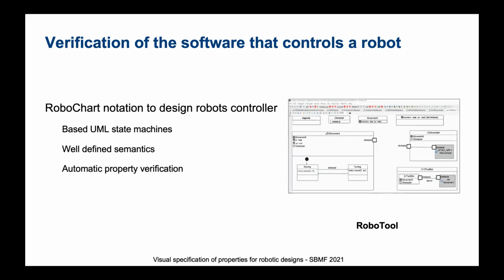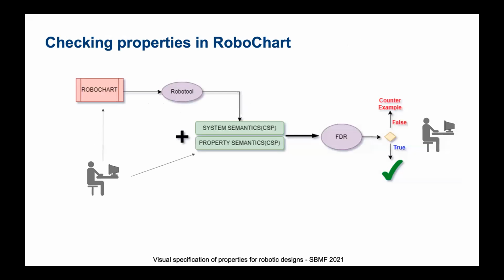So it's visual, and also it has a well-defined semantics, CSP semantics, and this tool. So you can use the FDR model checker in the background to analyze the properties of RoboChart designs for a robot. Okay, so this is the context of our research.